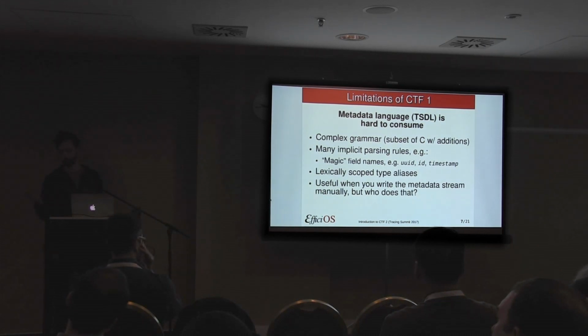But over the years we noticed that nobody does that. Usually the tracers generate the metadata stream, so the tool generates it anyway. So we don't need such a complex grammar just to help the manual users.